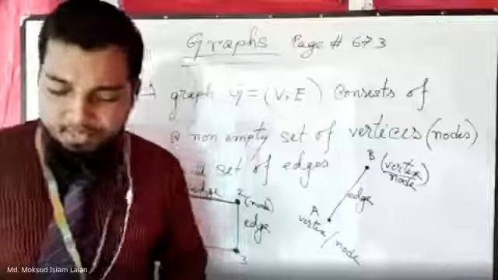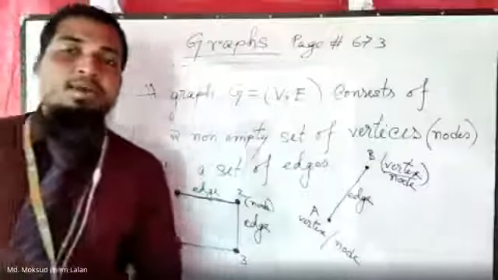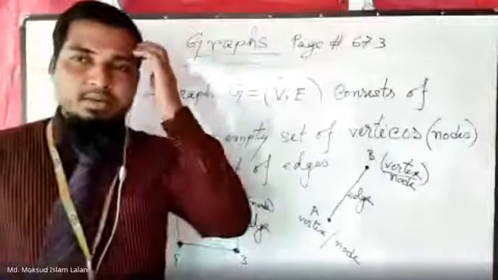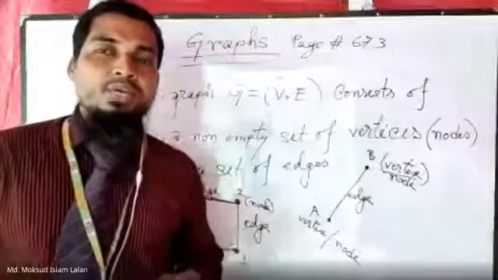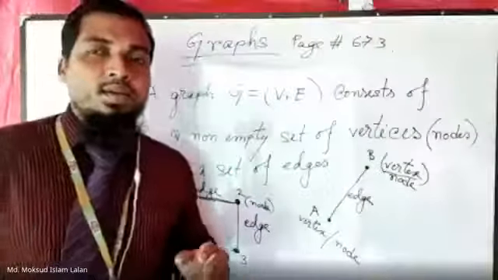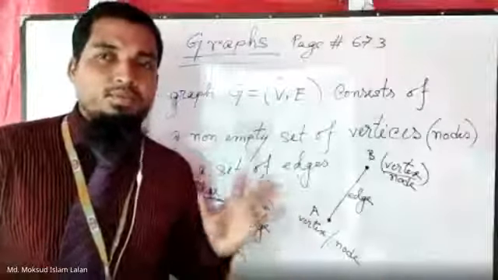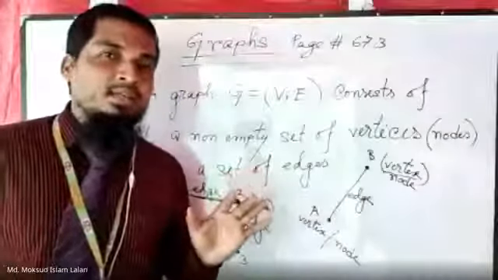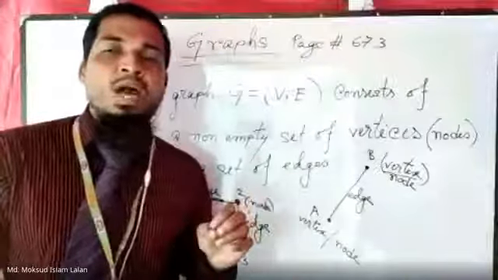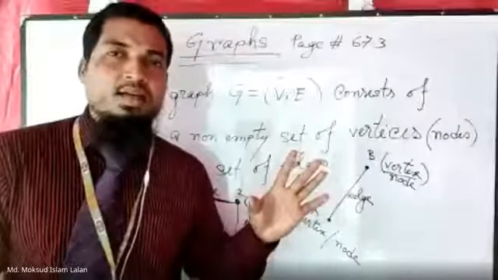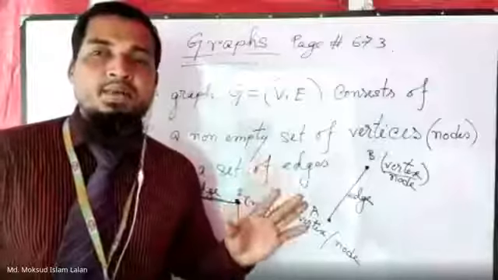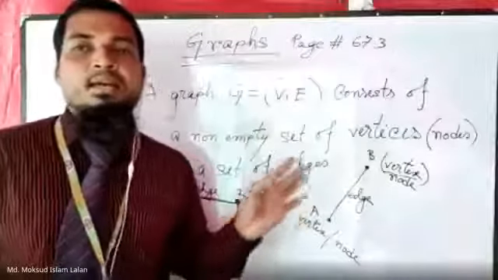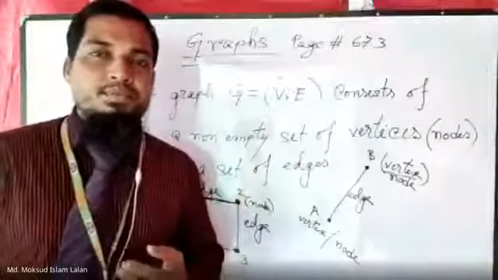Now another keyword is infinite graph and finite graph. What is an infinite graph? Dear student, in a graph, if you cannot count how many vertices are present or how many edges are present, you can say that graph is an infinite graph.